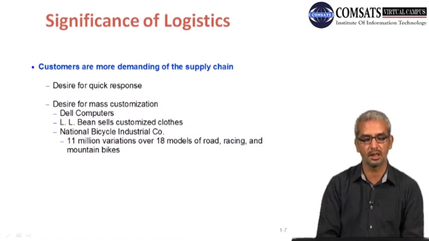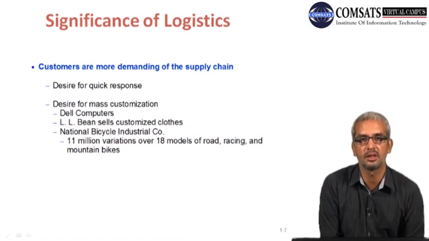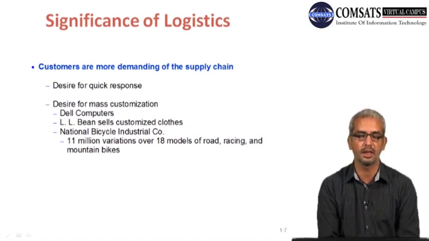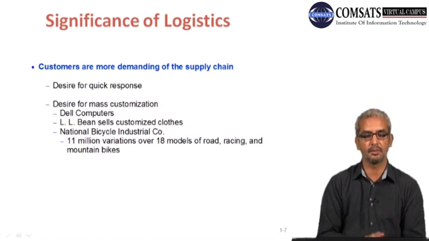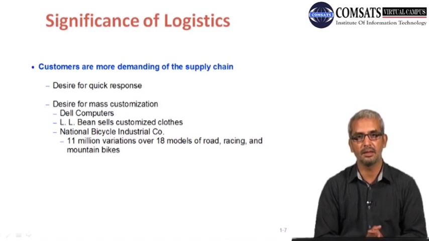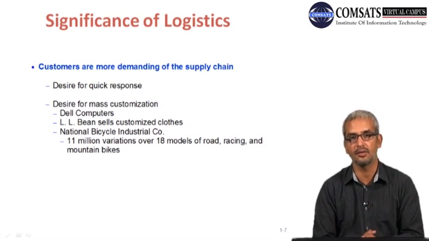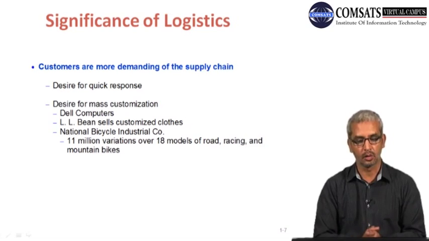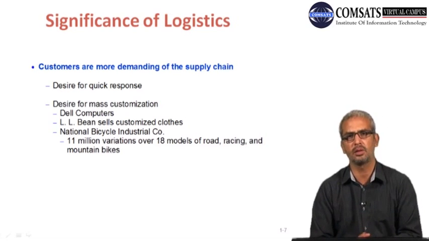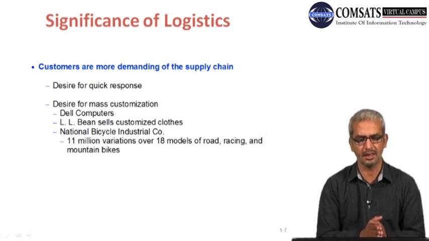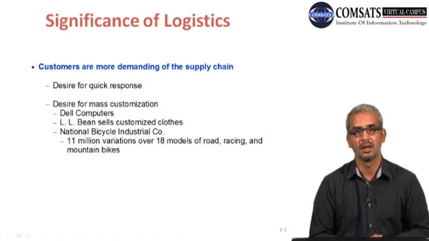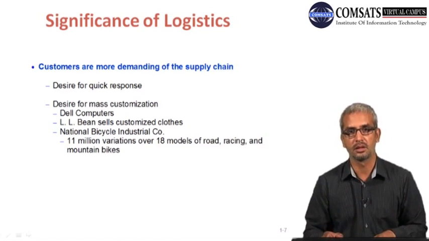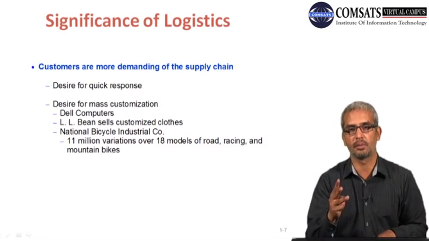And then, very interestingly, there is a National Bicycle Industrial Company in Japan. That company has 11 million variations over 18 different models of road bikes, racing bikes and mountain bikes. Can you imagine, 11 million variations of 18 different models of 3 different broad types?